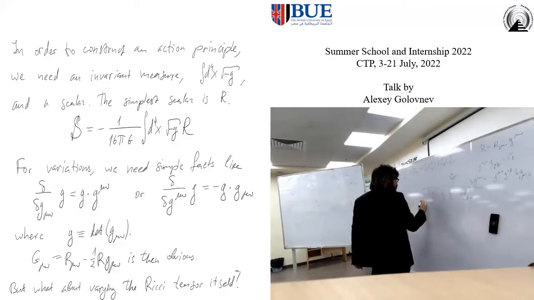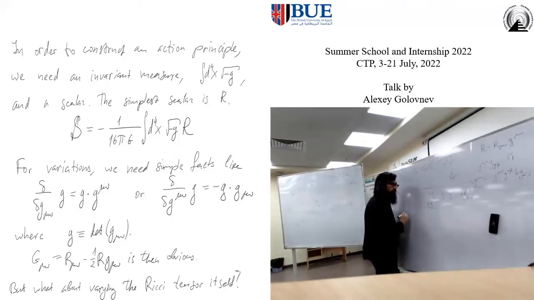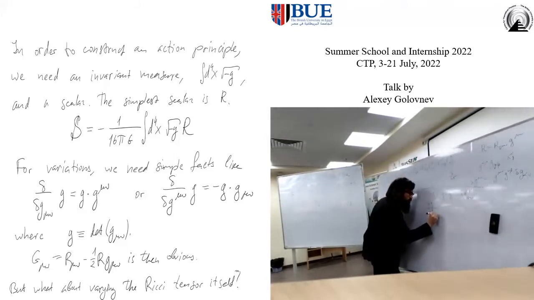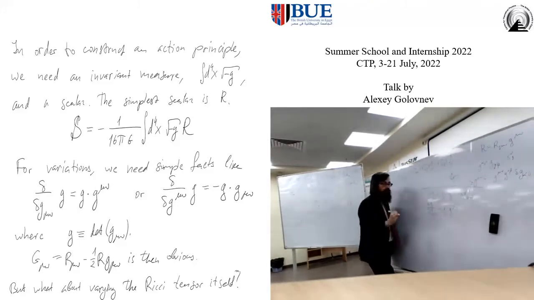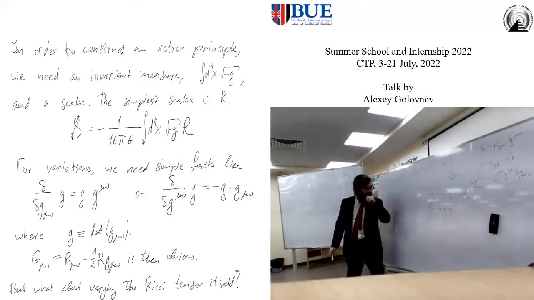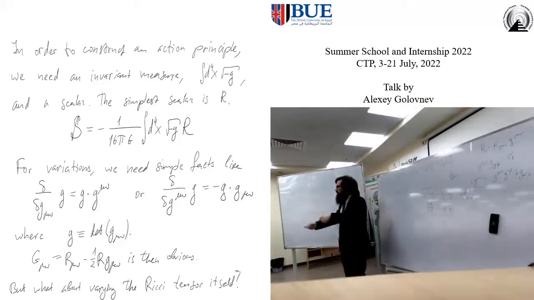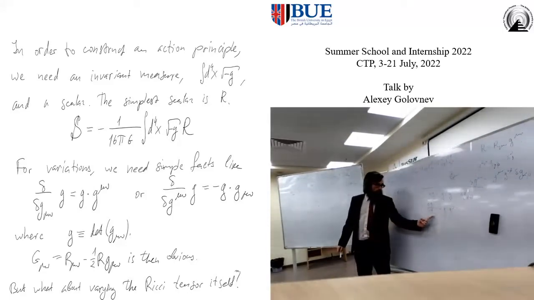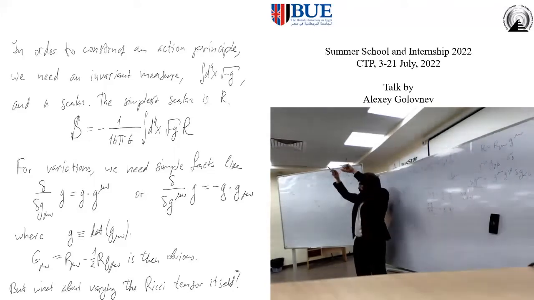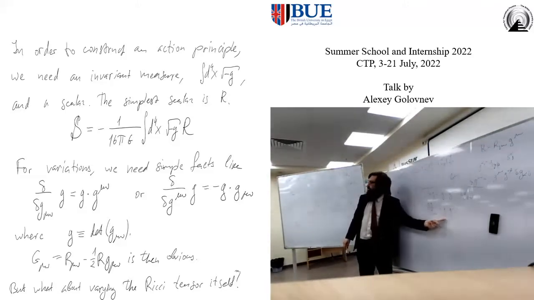How can you do that? You can say that the derivative of the determinant with respect to the element g mu nu is equal to the determinant itself multiplied by the inverse element here. And how do you do that? If you remember some linear algebra, how you find the inverse matrix: you take the element g mu nu, you find its algebraic complement, and then you derive the determinant.